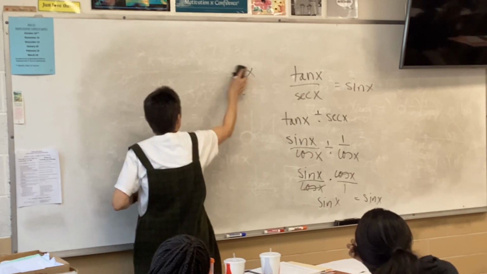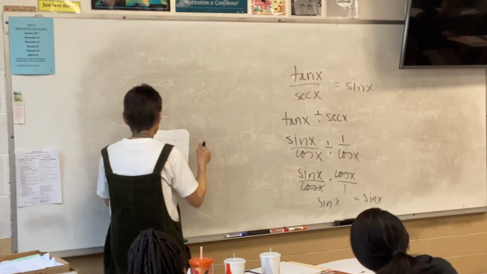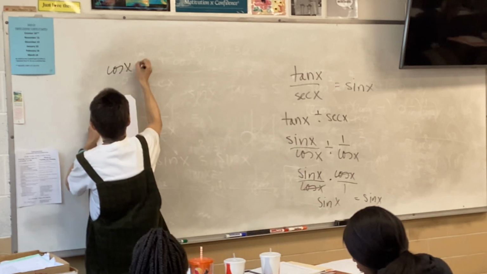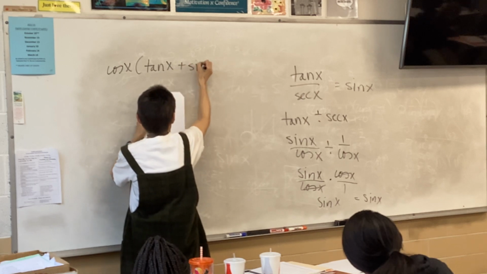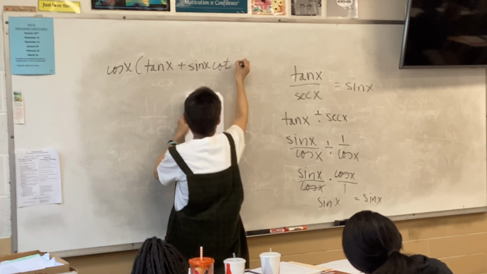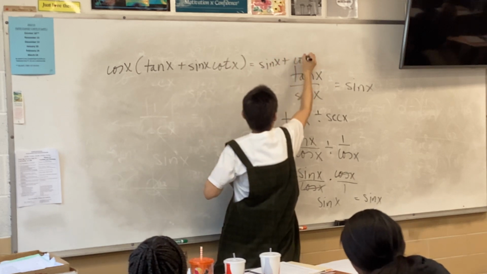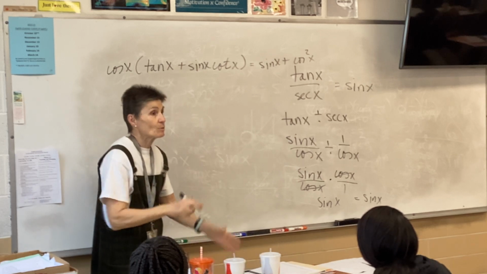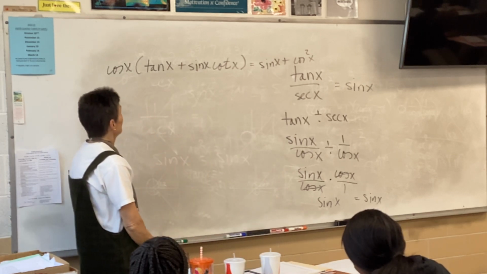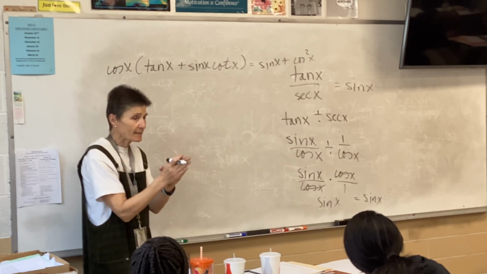All right, let's look at the next one. Again, we're keeping an open mind. We're not going to be frightened. Scary. All right, so tell me what you might do. There's lots of ways to start, just like in geometry.